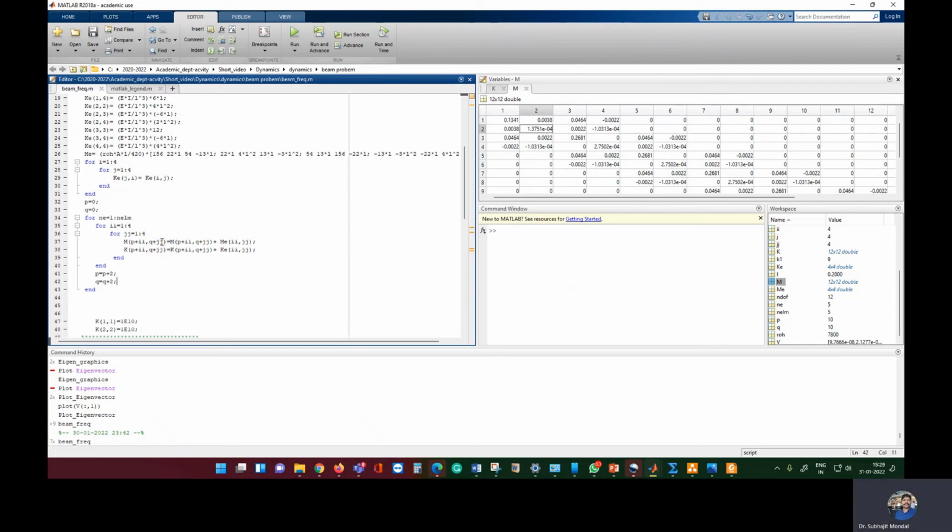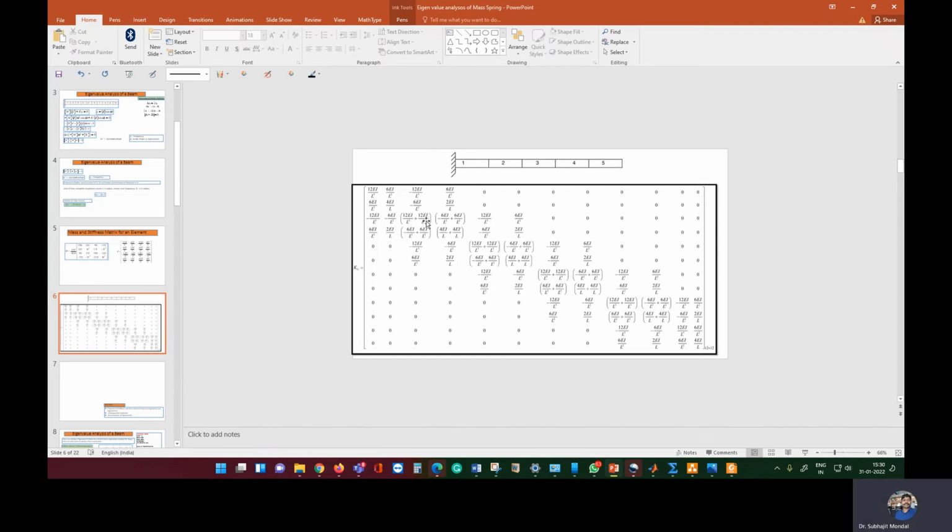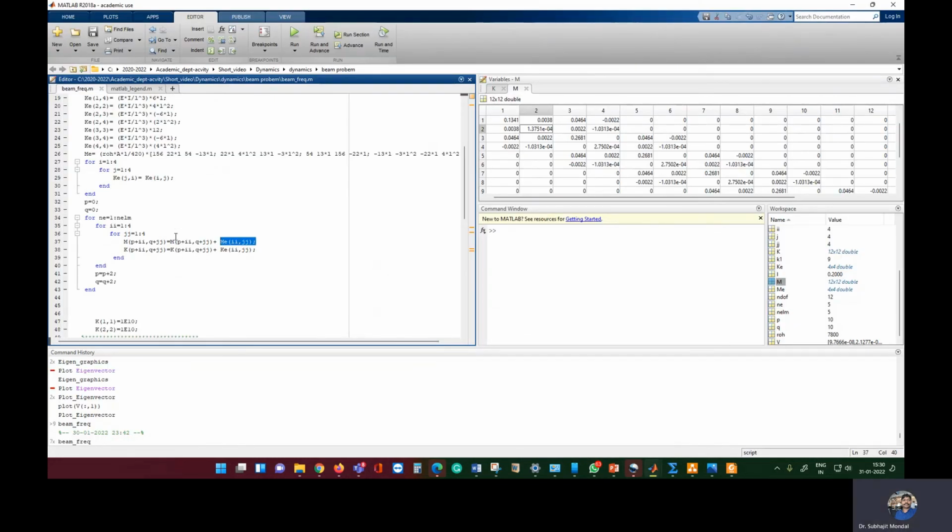So first it will fill the 3 by 3 with the 1, 1 of the local element stiffness matrix. So 1, 1 of the local element stiffness matrix is filled into 3, 3. That is the diagonal term.